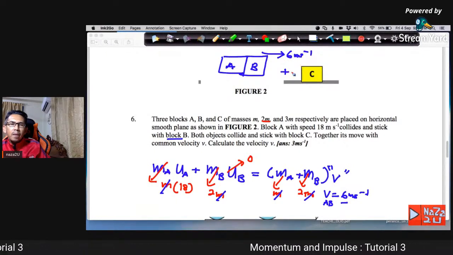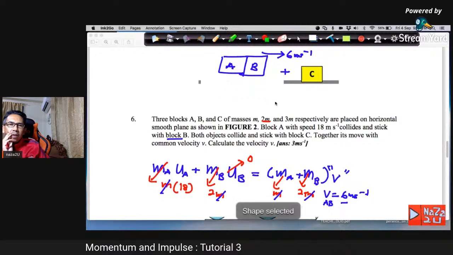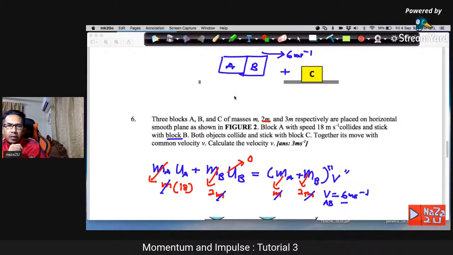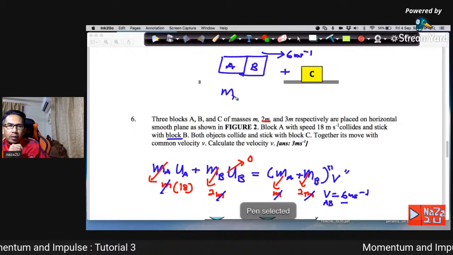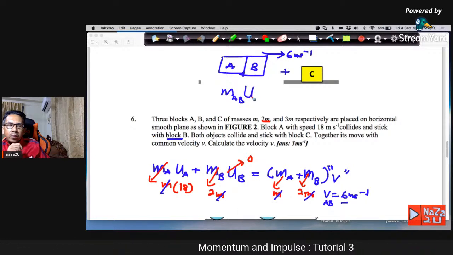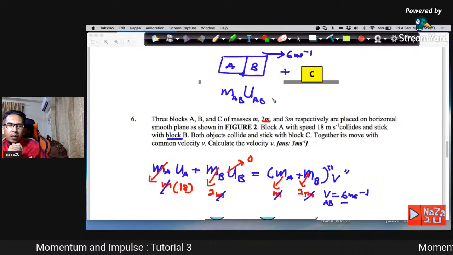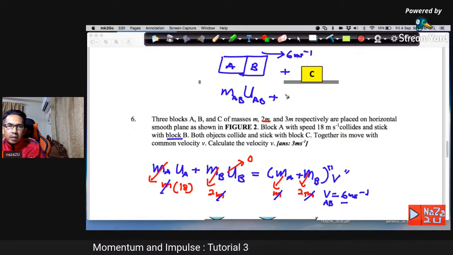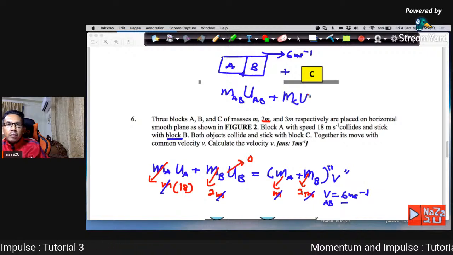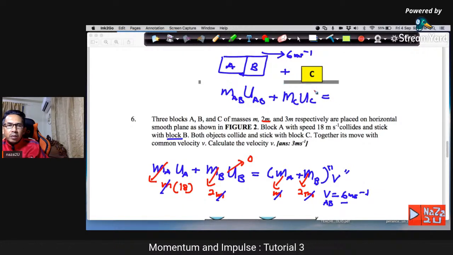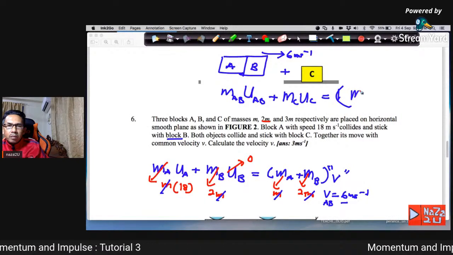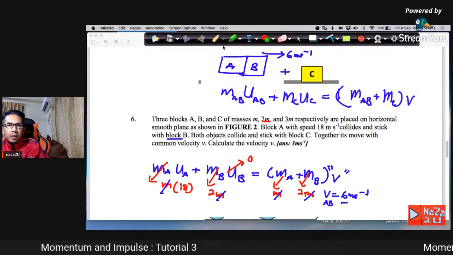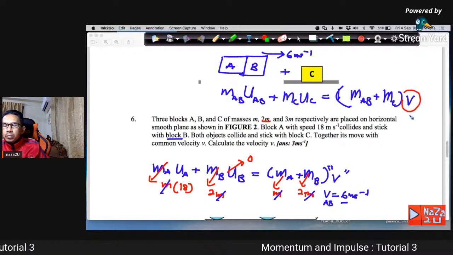After that, they collide with object C. So now, what is the final velocity if object AB collides with block C and sticks together? We have mass AB times U_AB initial before collision, plus mass C times U_C, which is stationary. After collision the objects stick together, so it is an inelastic collision: (mass AB plus mass C) times V, and the question asks for the value of V.